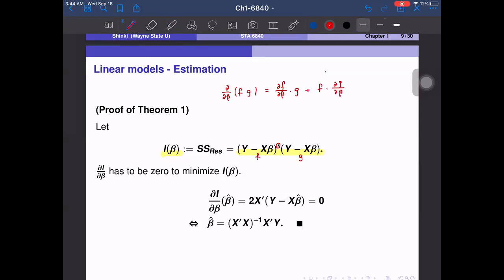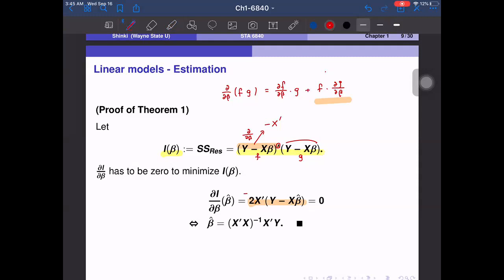If you differentiate the first term with respect to beta, this becomes negative X transpose. Then we have the second term, Y minus X beta, so that just comes here: X prime times Y minus X beta hat. Then we have another term, F times the derivative of G, and we have 2. To be exact, we need a negative sign here, but anyway, we have to equate to 0.